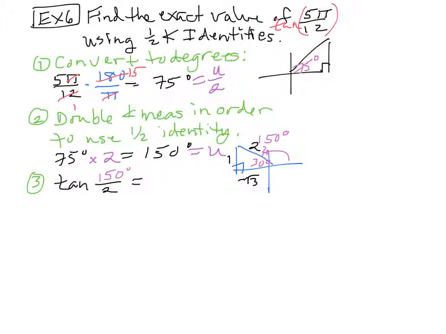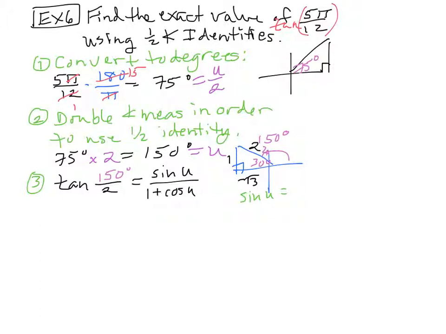I also want to find the formula, because I didn't write it up here. So let's write out our formula. I'm going to use sine of u over 1 plus cosine of u. I want to know what my sine of u is in quadrant 2, because that's where u is. I'm sorry, that's where u is, not my half angle. So what's the sine using 30 degrees as my reference angle?